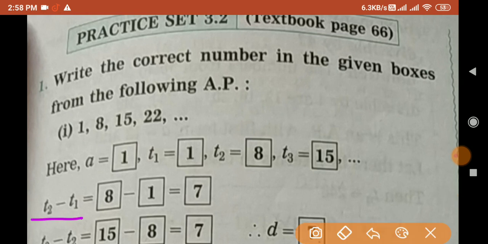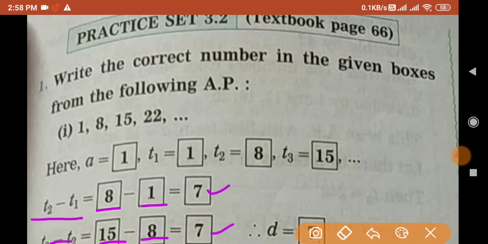Here we take the difference between two consecutive terms. That means T2 minus T1. T2 is equal to 8 and T1 is equal to 1. Its difference is 7. Then in the next step, T3 minus T2, that means 15 minus 8. Its difference is 7.